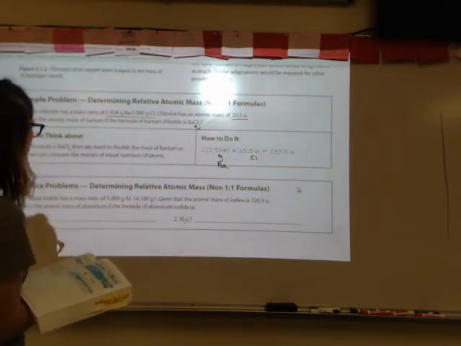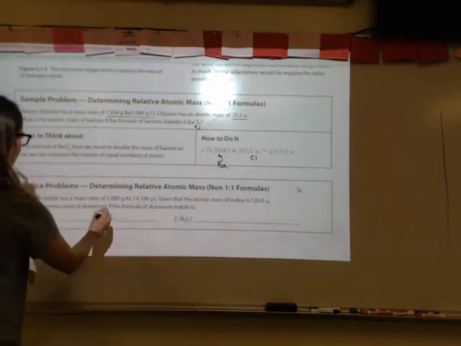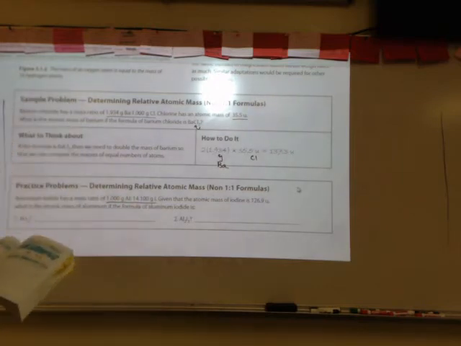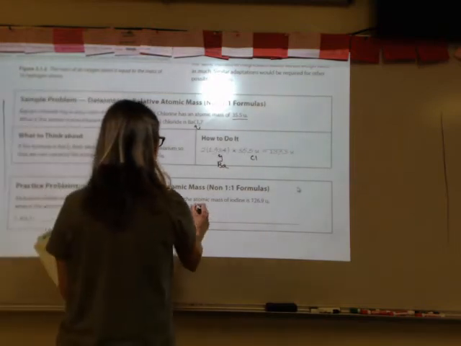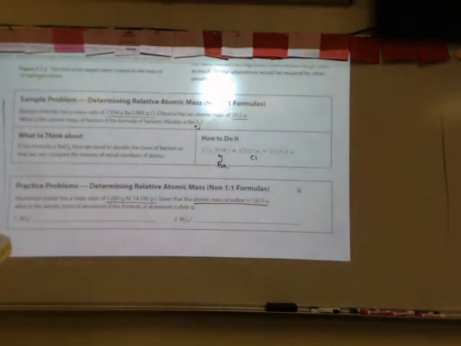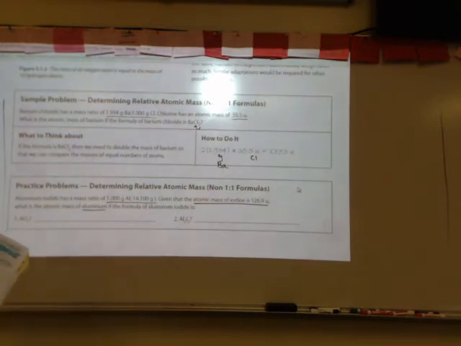Okay? So if I look down here at the practice problems, it says aluminum iodide has a mass ratio of 1 aluminum to 14.1 iodine. The atomic mass of iodine is 126.9. What is the atomic mass of aluminum if the formula for aluminum iodide is AlI3? So I'm going to do this one slightly differently.